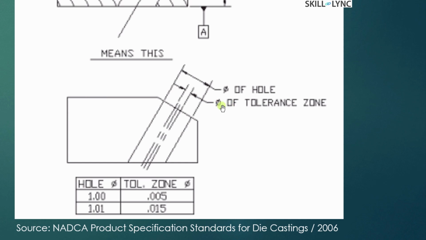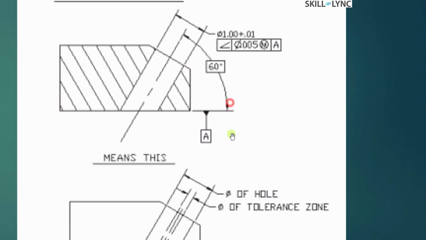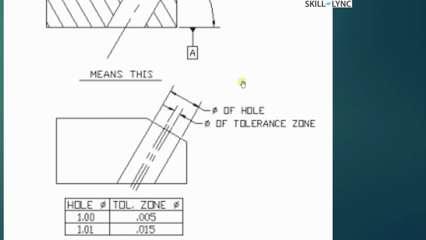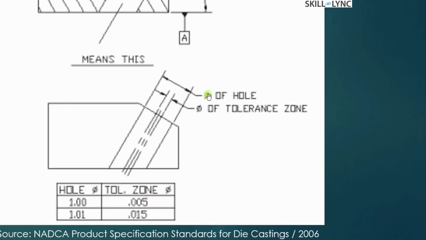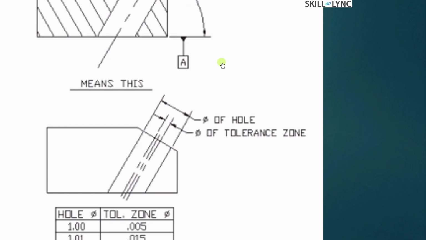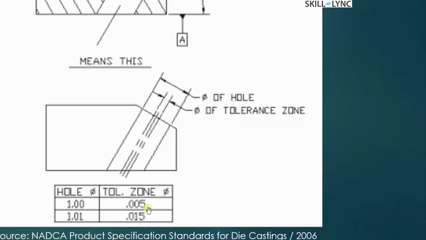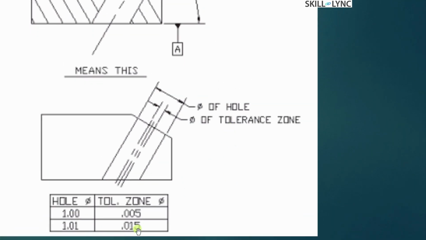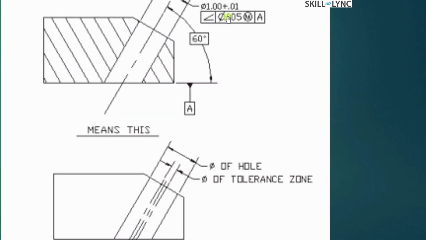You can see that in the percentage of tolerance zone we have the 0.05, and that is for the hole diameter of 1, whereas for a hole diameter of 1.01, that is for the maximum condition, the variation is going to be 0.1 and 5, because over and above this 0.1 you have applied here 0.005.